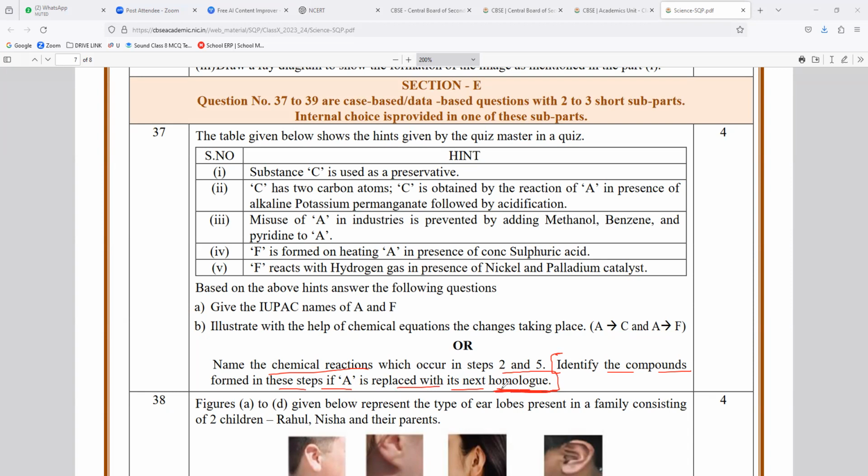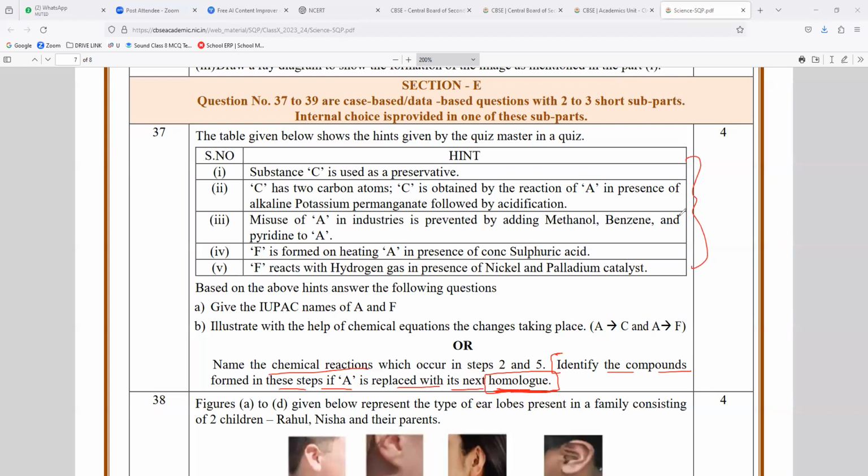So questions like these are very, very important for big, long answer questions. Definitely they will ask you in the board exam also. In the explanation they will give some compound, but they will ask you the reaction with the next homologous compound.